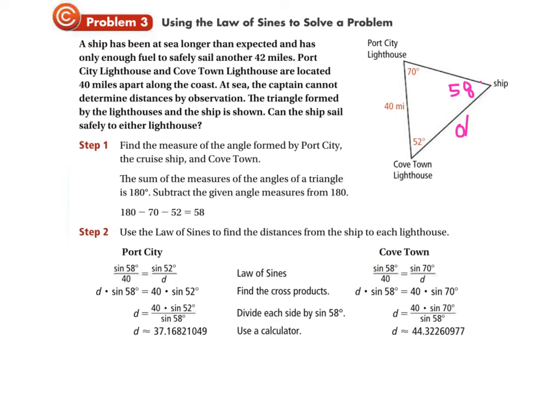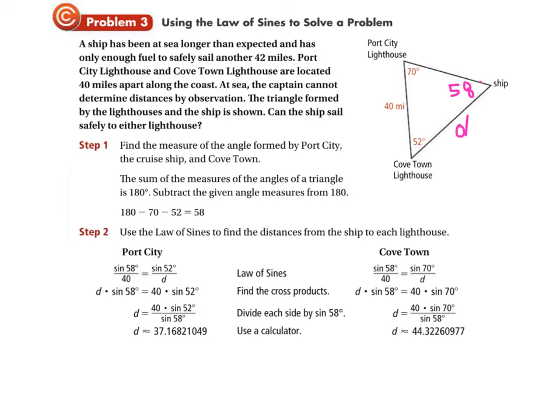So you multiply the diagonals: D times sine of 58 equals 40 times sine of 70. And we're isolating the distance, so we divide both sides by sine of 58 right there, and you get the distance equals 44 point something.